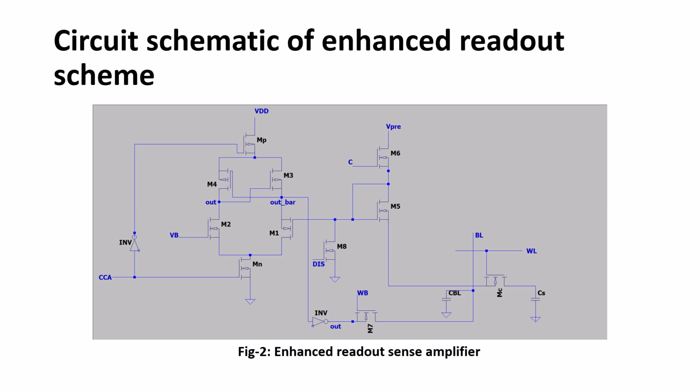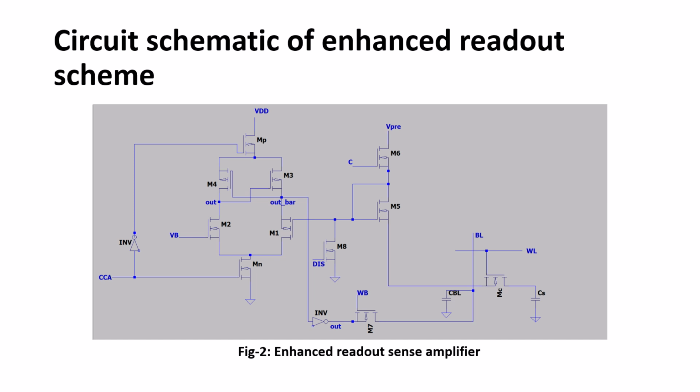If you turn this on, the current starts flowing from V precharge, and at the same time current also starts flowing from the storage node capacitance. As a result, the current from the CS node capacitance increases the CBL voltage. And this CBL node voltage is connected to the M5 transistor source node.